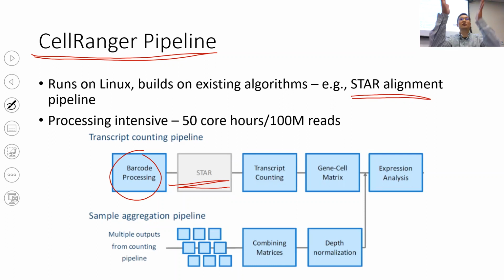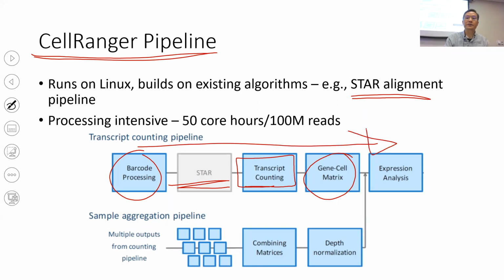This aligner takes this piece of DNA fragment and maps it to the gene it came from. Once you align, you count which gene, the expression level, and then you make this gene-cell matrix. That's normally what we will do for the downstream.